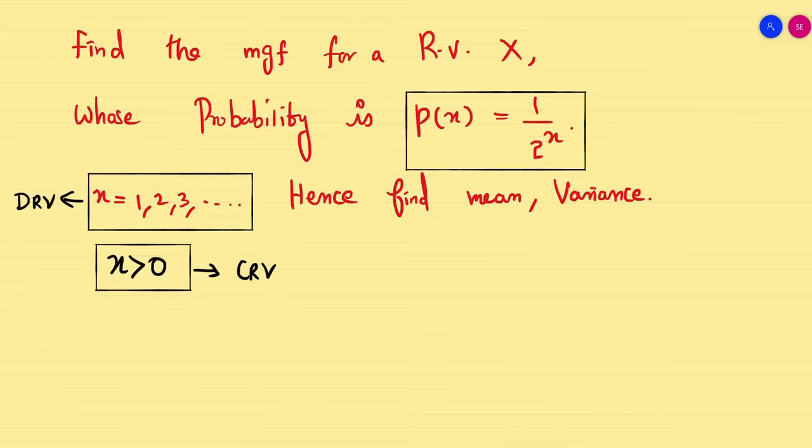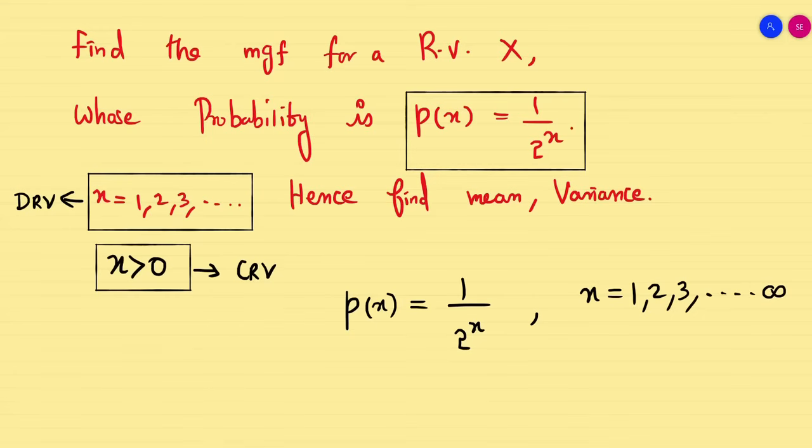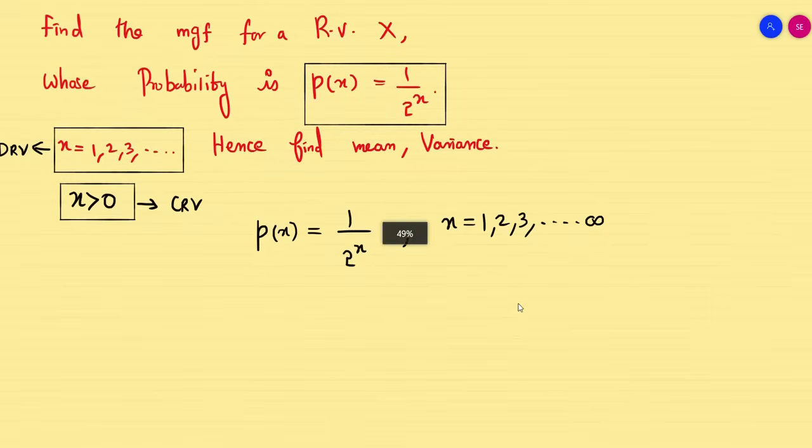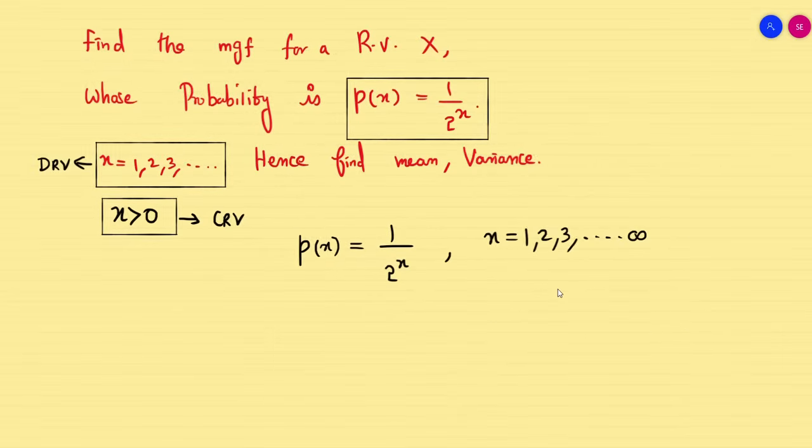Okay, so now let us solve the problem. The probability is given as 1 by 2 power x, and x varies from 1, 2, 3, etc. up to infinity. So now let us crack the problem. We use the formula for the discrete random variable: E of e power tx, that is M x of t, the moment generating function.